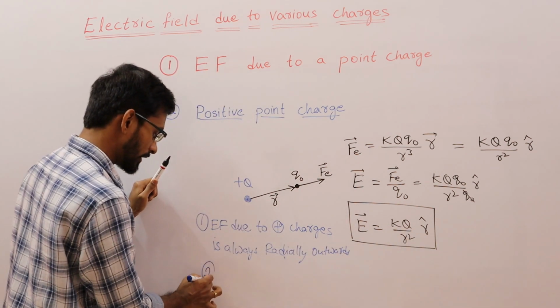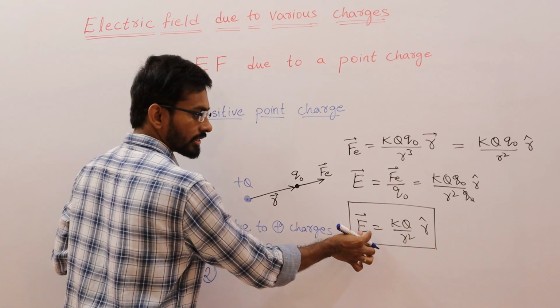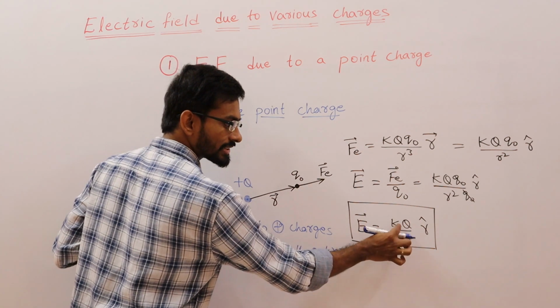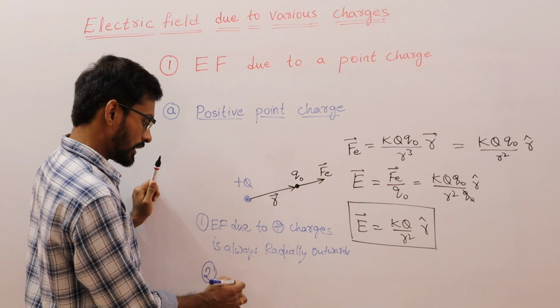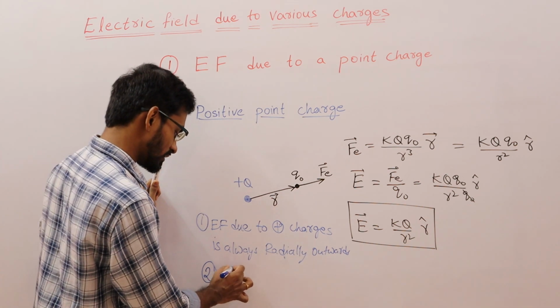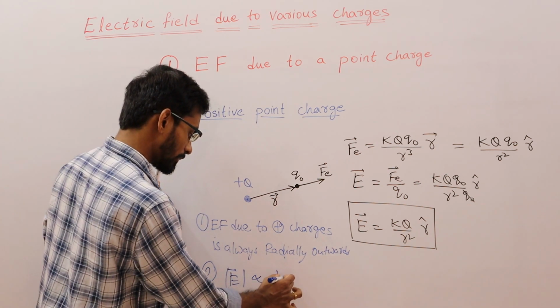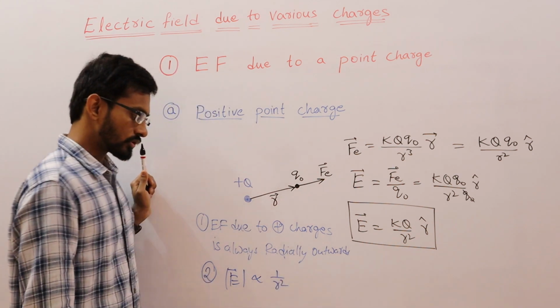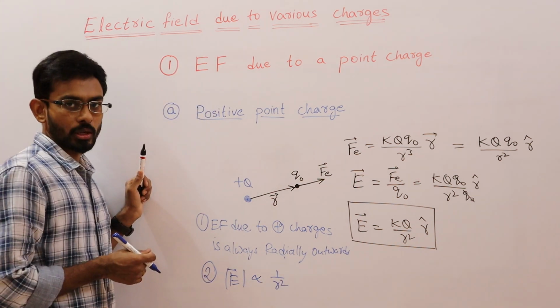The second point, here we can find that the strength of the electric field is inversely proportional to r square. So electric field strength is inversely proportional to r square. So these are the two important points we can note.